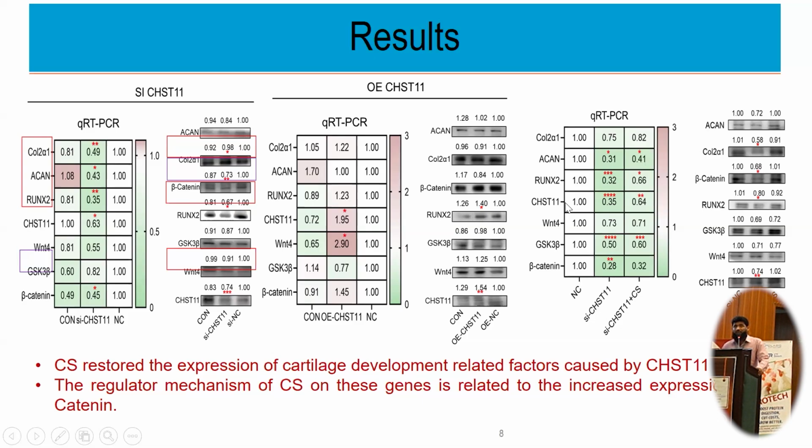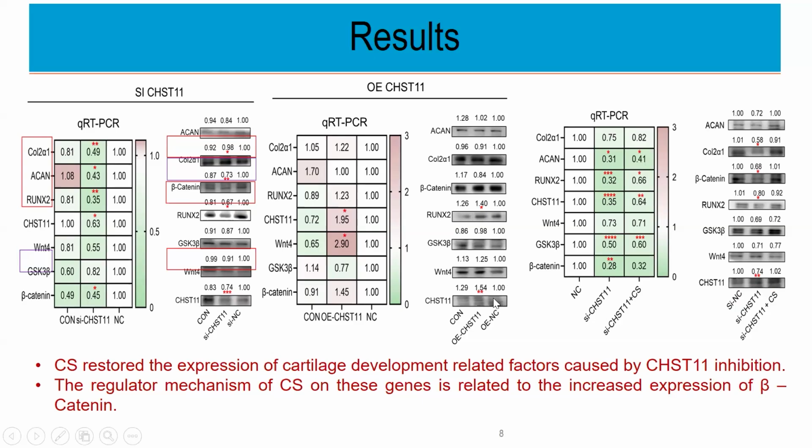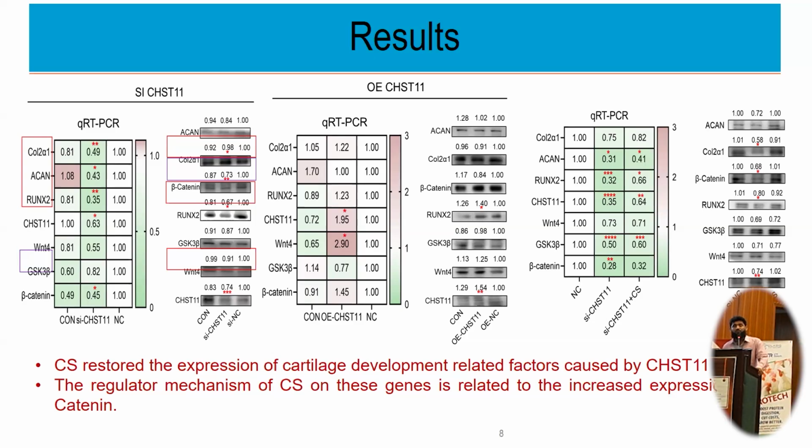So you can say these pathways are mainly involved in cell differentiation and expression along with bone growth. CS restored the expression of cartilage development related factors caused by CST11 inhibition. The regulatory mechanism of CS on these genes is related to increased expression of beta-catenin.